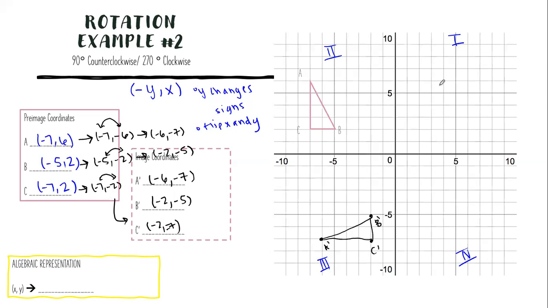So you should notice it literally turned 90 degrees counterclockwise and went to the next quadrant over.